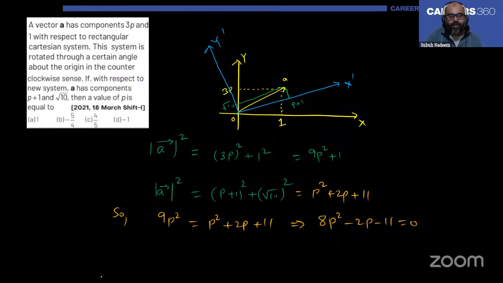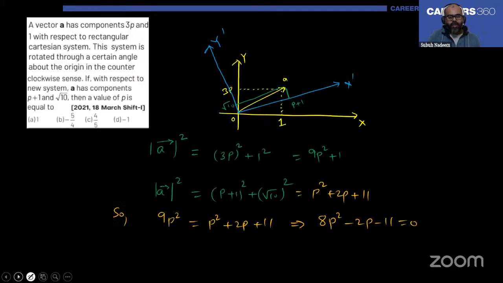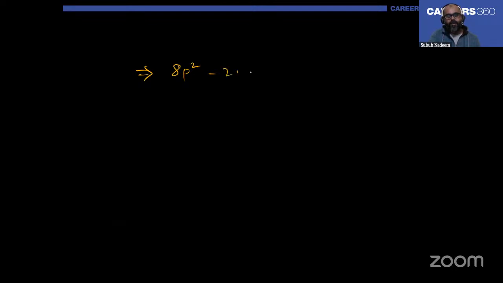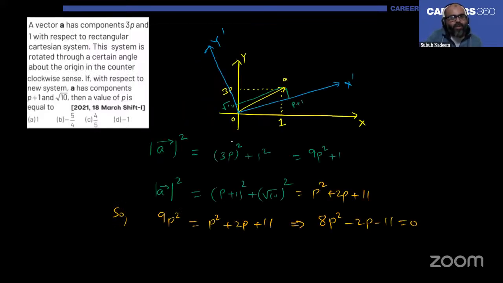This is a quadratic in p, and now we have to find the value of p. So it is 8p square minus 2p minus 11 equal to 0. So here we got 3p and 1.